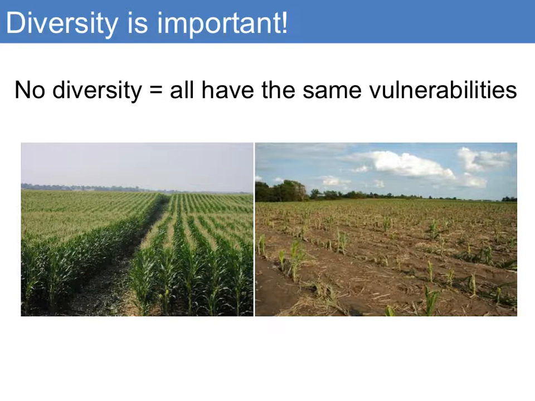The thing is, Cavendish are now susceptible to this fungus, and that variety is being wiped out. So if a plantation of Cavendish bananas gets infected, the whole plantation has to be cut down. It's finished. So they're now trying to come up with a new variety that's resistant to this fungus.